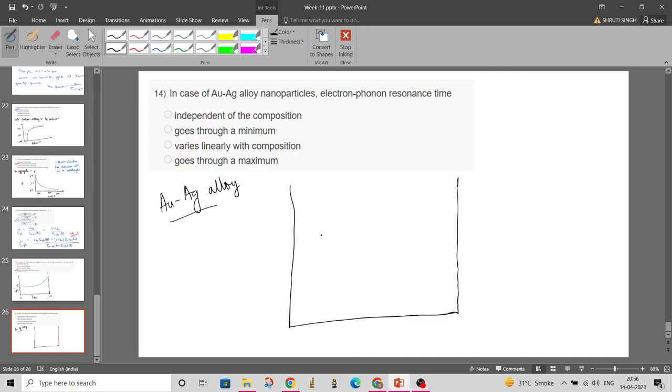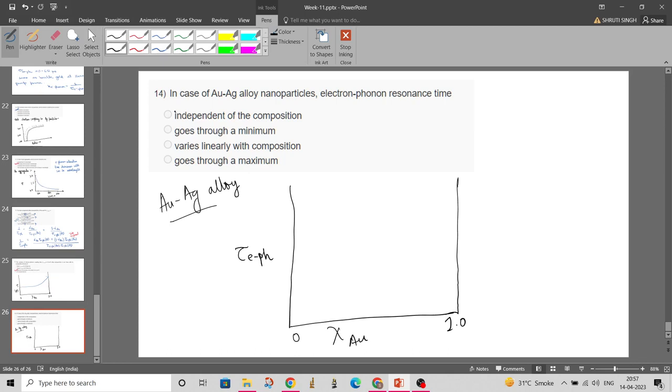For different sizes, let me write. This is electron phonon and this is the composition starting from 0 to 1.